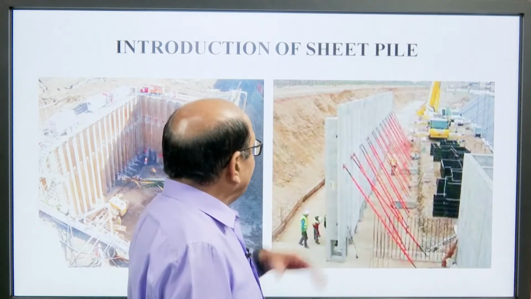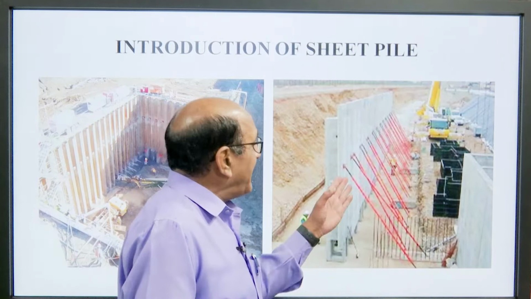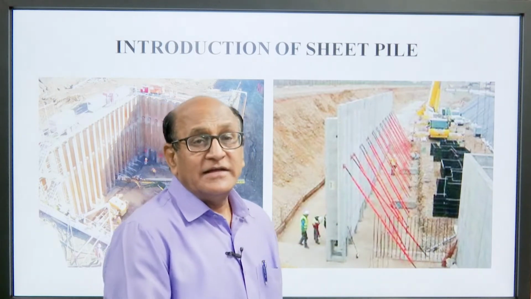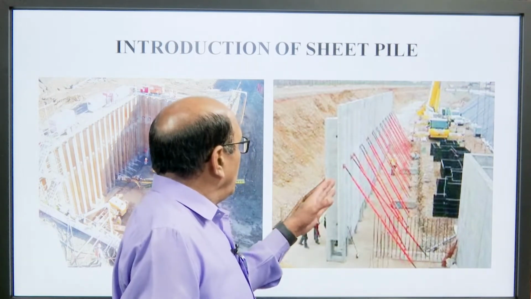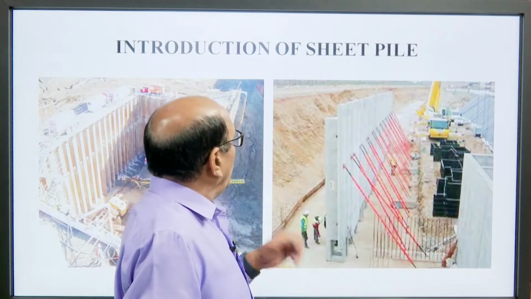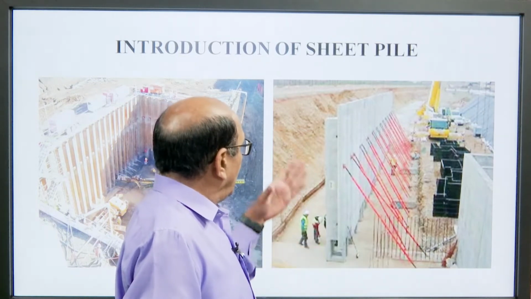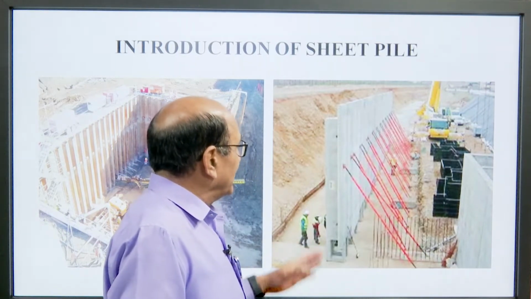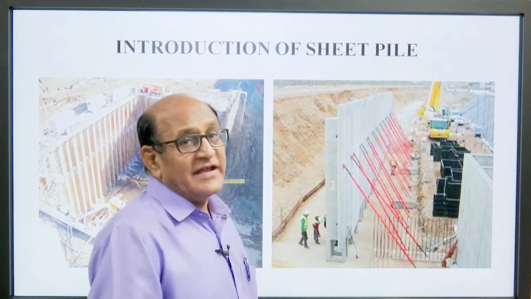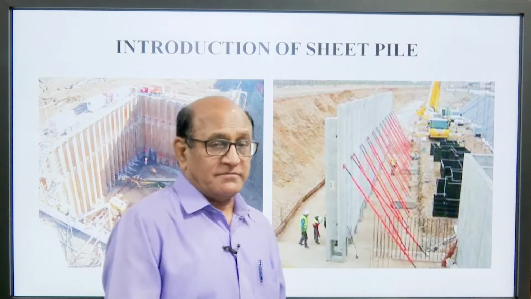Then this is another sheet piling, that is a concrete sheet piling, which is provided to support the earth on the other side. You can see very easily in the picture.